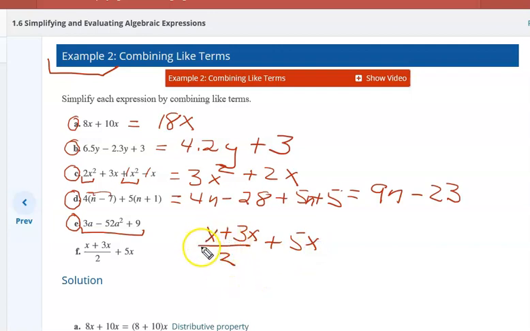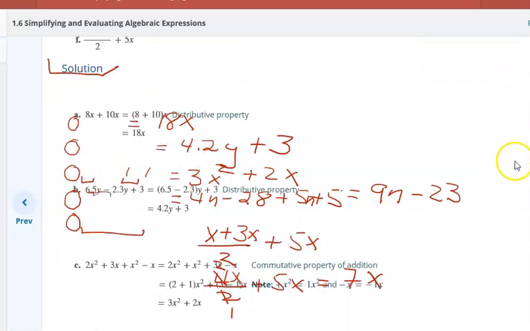Now here, because of the grouping symbol, we have to do this first, which then becomes 4x over 2 plus 5x. Now here we can cancel. The 2 goes into 2 once, 2 goes into 4 twice. So we now have 2x plus 5x gives us 7x. And there are our answers. And if we were to go down, we'd see them all worked out.